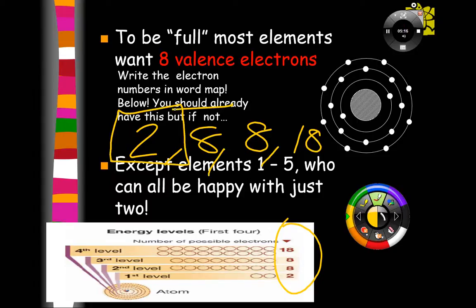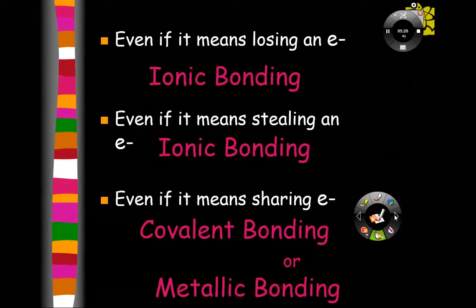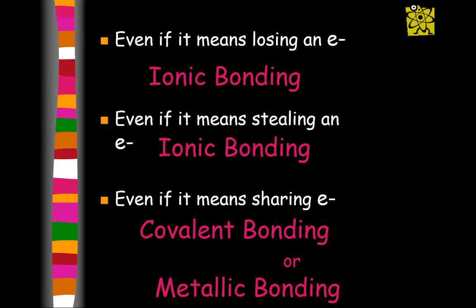The second can hold 8, third 8, fourth 18. They want to be moving around like this, even if it means losing an electron, gaining an electron, or even sharing electrons.